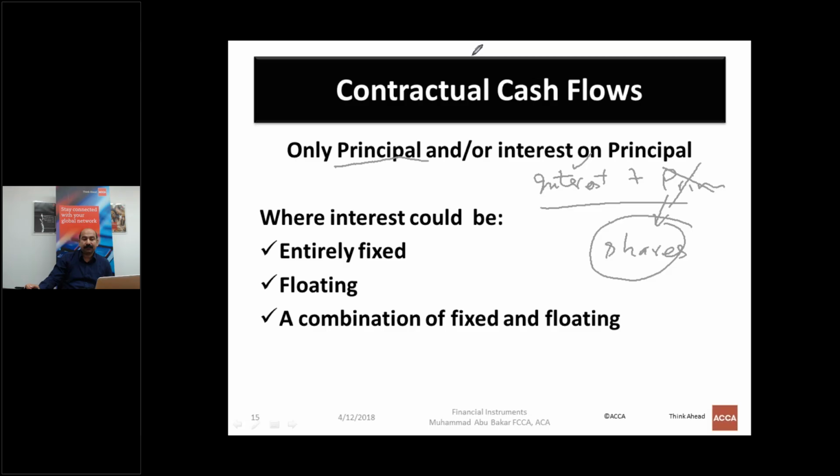By interest, IFRS 9 means consideration for the time value of money and the credit risk associated with the principal outstanding during a particular period of time. Because of the inclusion of the conversion option, which is not deemed to represent payments of principal and interest, that's why 30% people are correct. Okay, this was a wake-up call.